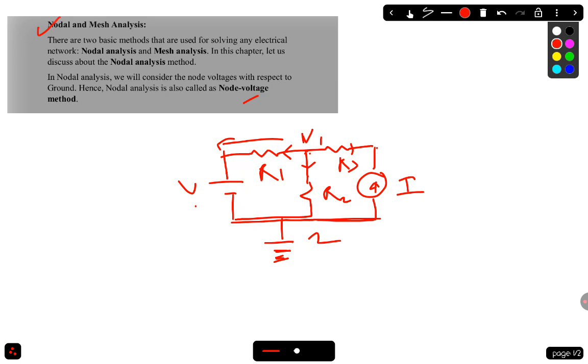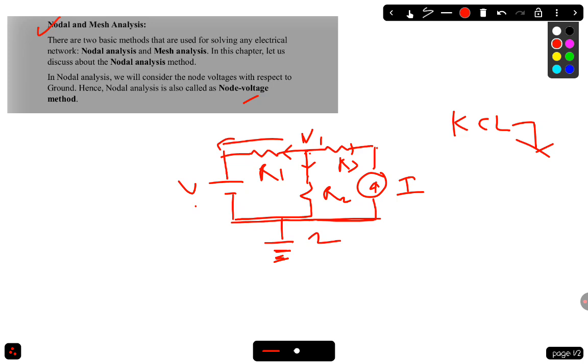So at node 1 we will apply KCL. What does KCL mean? Kirchhoff current law. According to Kirchhoff current law, the incoming current equals the outgoing current. But at node 1 you can see all are outgoing currents, so we will add them and put them equal to 0.